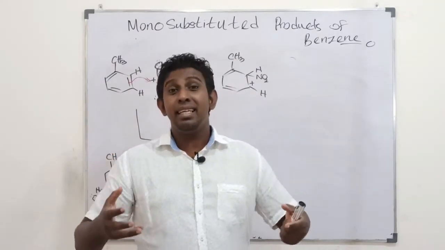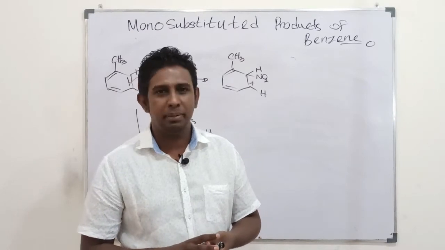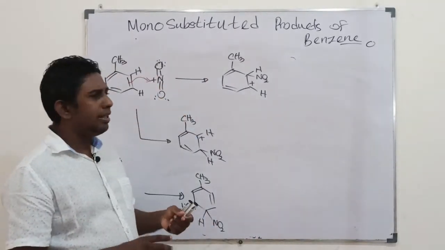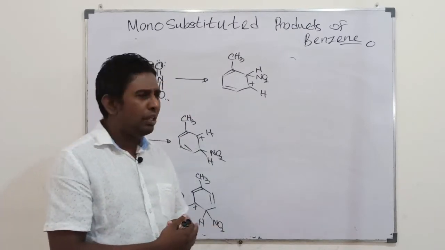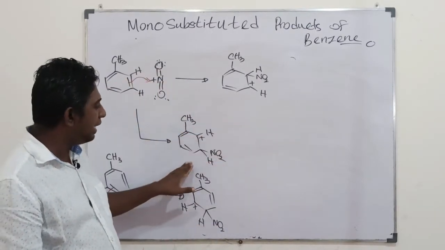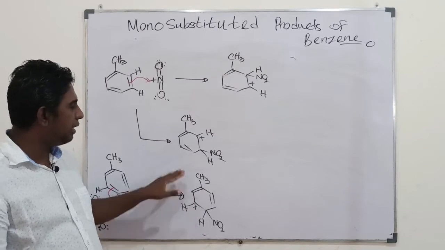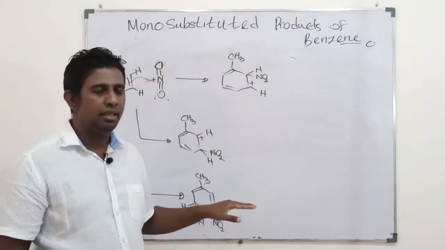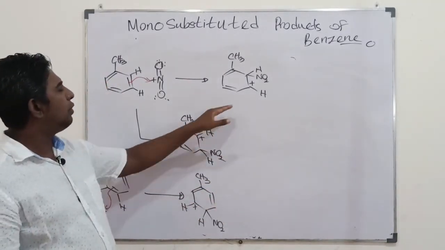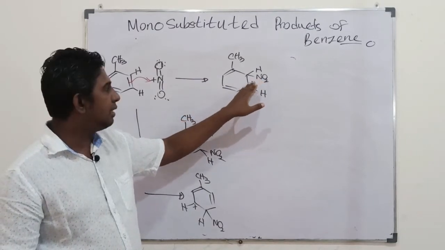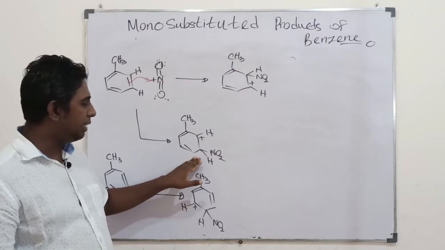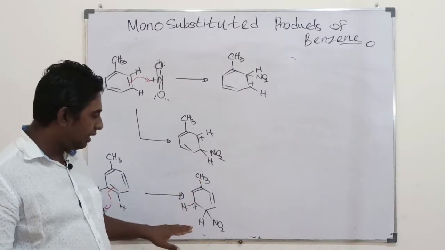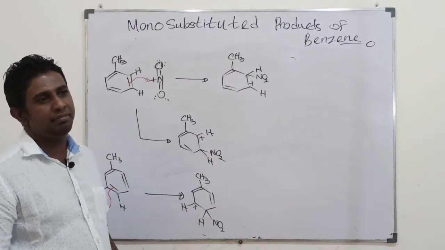The third is the re-aromatization of benzene. So after the attack of the electrophile on benzene, you would get such an intermediate, here an intermediate, another intermediate, another intermediate. Compared to the ortho product, this is the intermediate. Compared to the meta product, this is the intermediate. Compared to the para product, this is the intermediate.